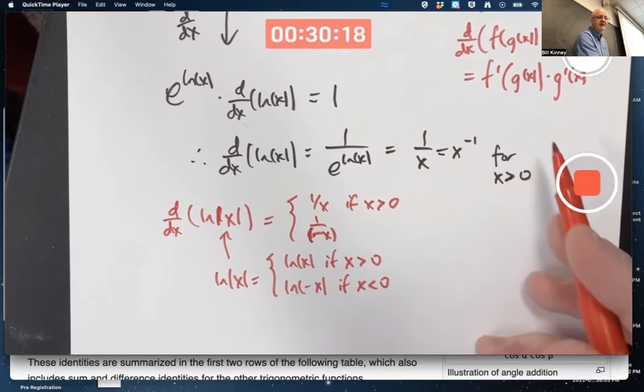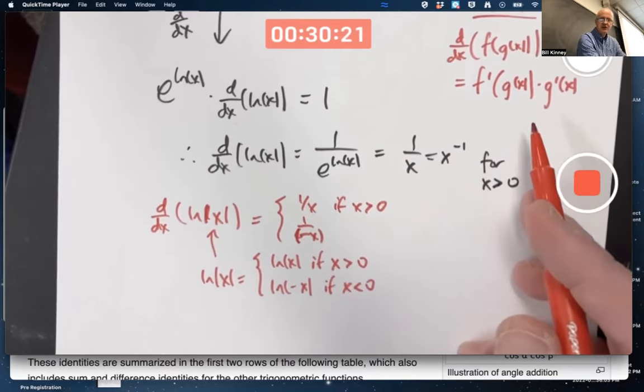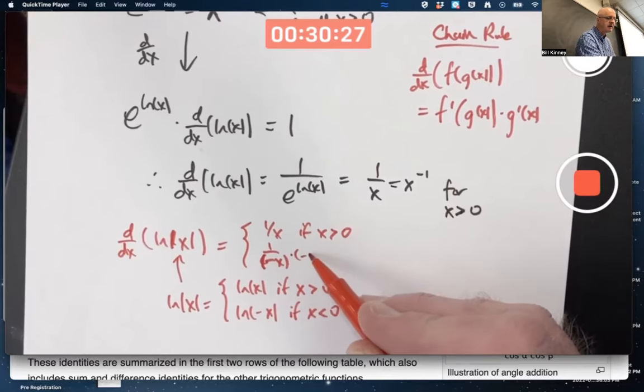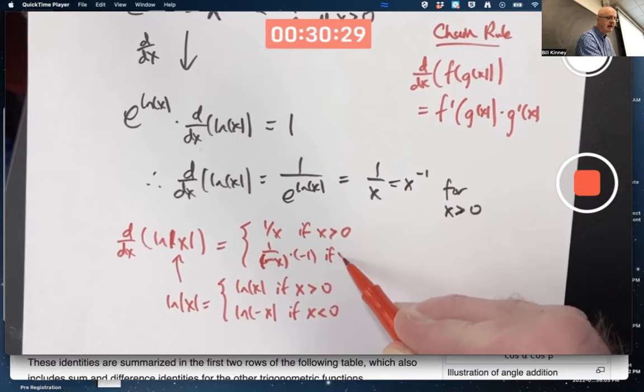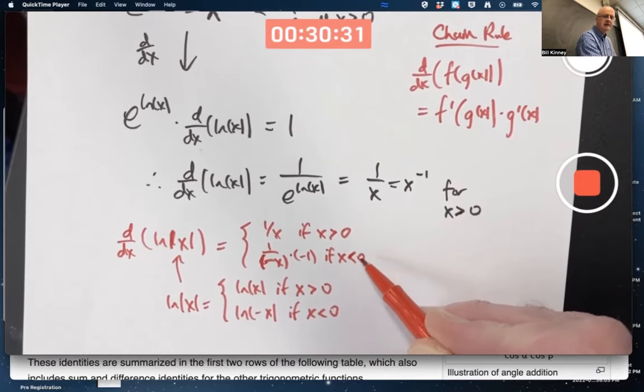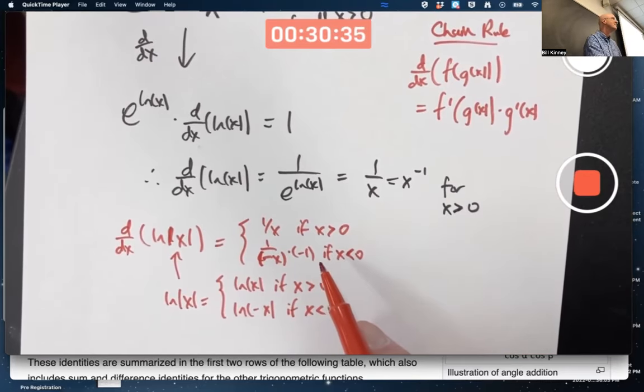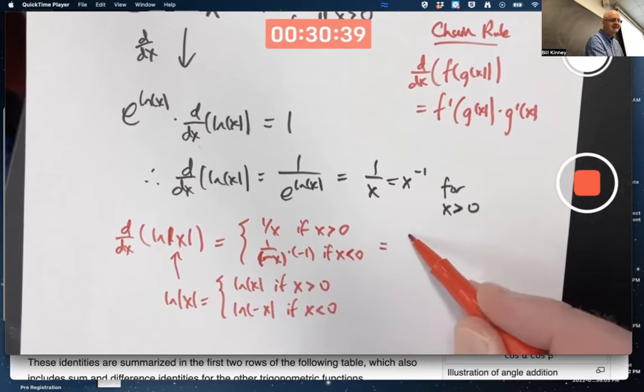And then don't forget, just like there's a g prime here, multiply times the derivative of the inside function. The derivative of negative x is negative 1. But hey, those negative signs cancel. I get 1 over x.